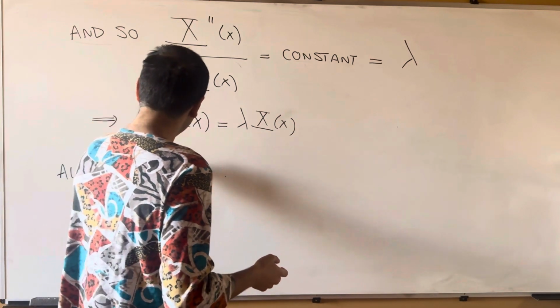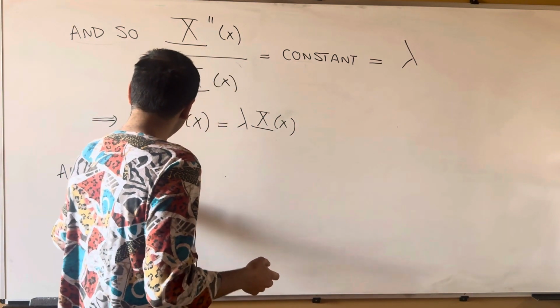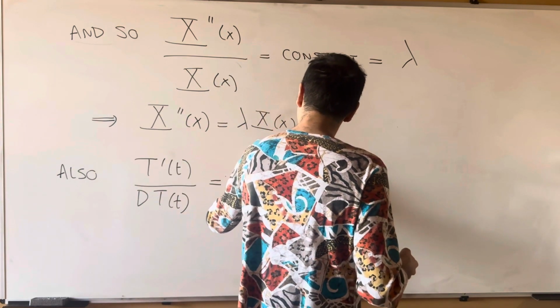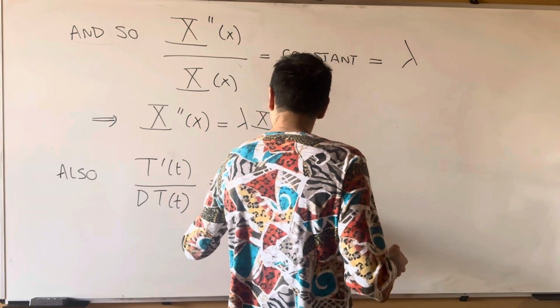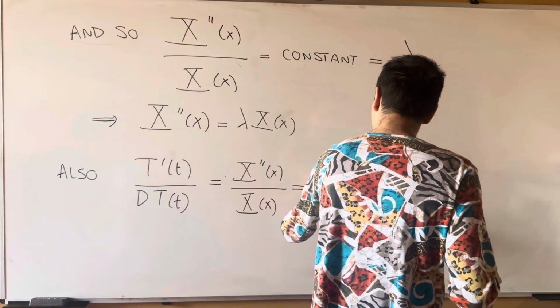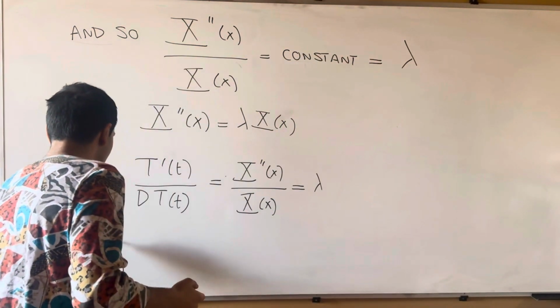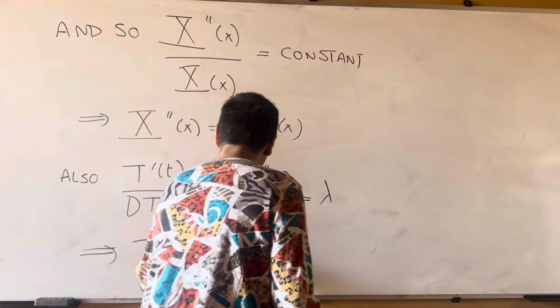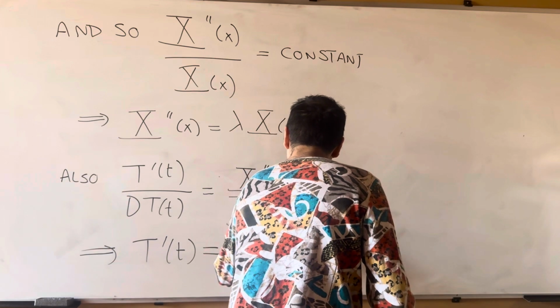Also, t prime over dt, which remember is x double prime over x, is lambda, and so we also get another ODE. Namely, t prime of t is d lambda t of t.